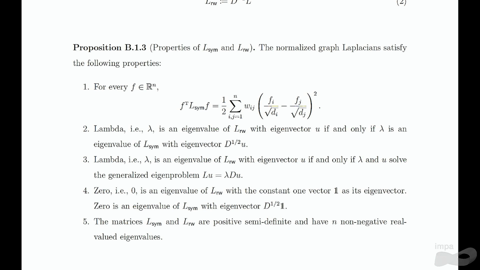It continues to appear in the case of the random walk with an eigenvector that is constant or flat. And in the case of the symmetric Laplacian, there's some weight or heterogeneity in that eigenvector's entries inherited by the degree properties of our network. All of these matrices are still positive semi-definite, hence they have n non-negative real eigenvalues. And all of them have the 0 eigenvalue with these vectors here.